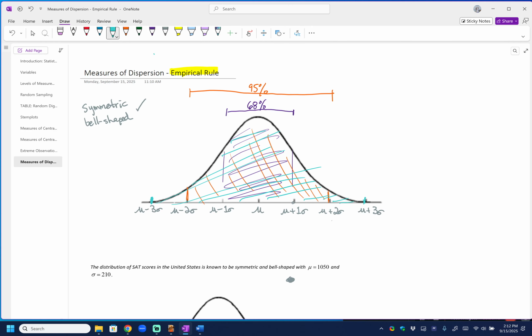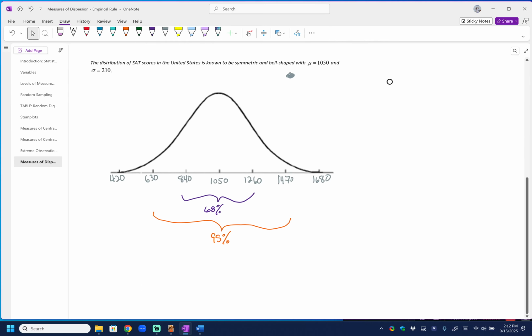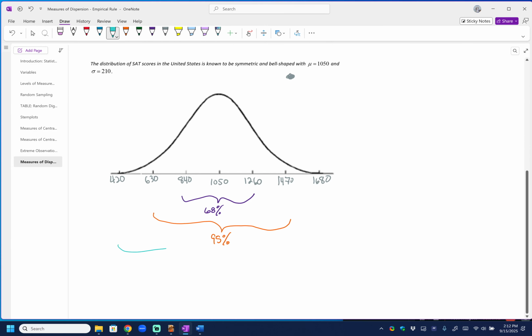That would make up 99.7% of the entire curve. So again, if we were to go to our example, we would say between 420 and 1680 would make up an even more whopping 99.7% of all SAT score takers.